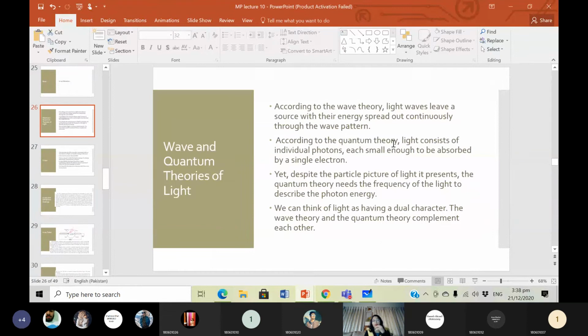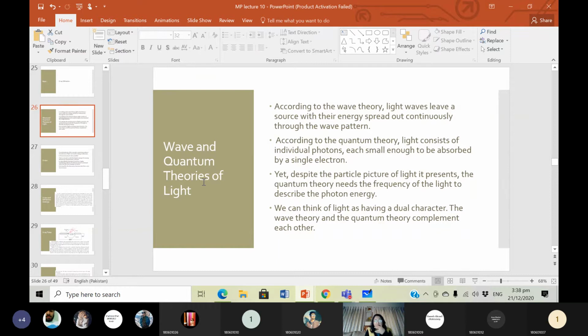So according to the wave theory of light, waves leave a source with their energy spread out continuously through a wave pattern. Basically we have the wave theory of light and we have the quantum theory of light.